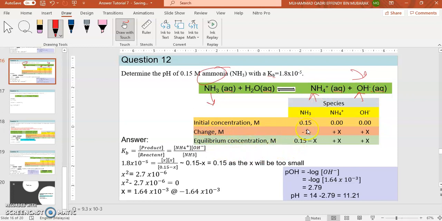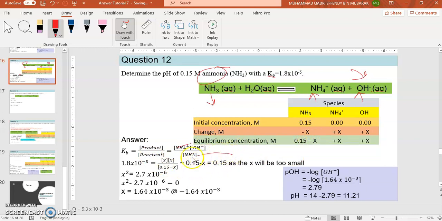So the change is minus x, plus x and plus x, and at equilibrium we have 0.15 minus x, plus x and plus x. Kb, the constant, is products over reactant. The products here are ammonium ion and hydroxide ion, x times x, over the reactant, 0.15 minus x at equilibrium.